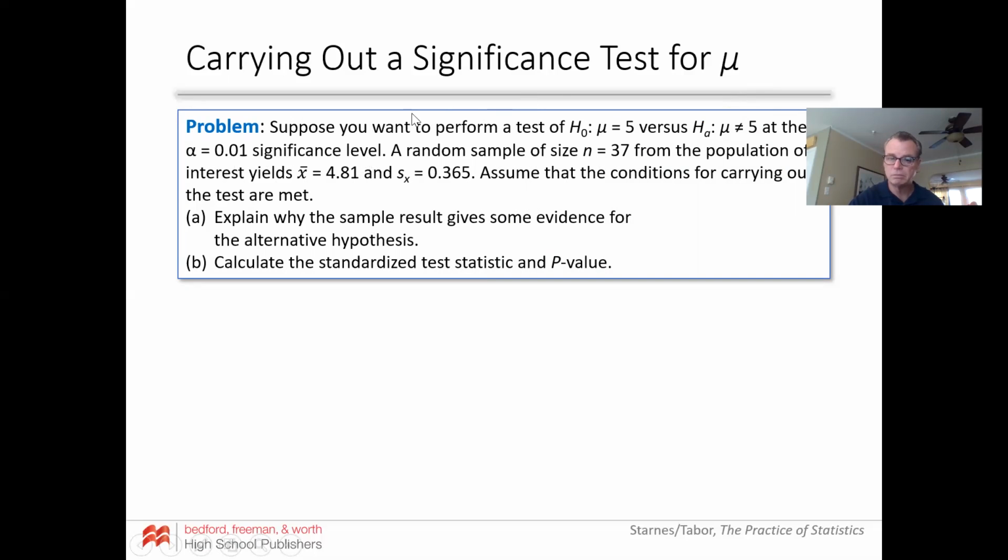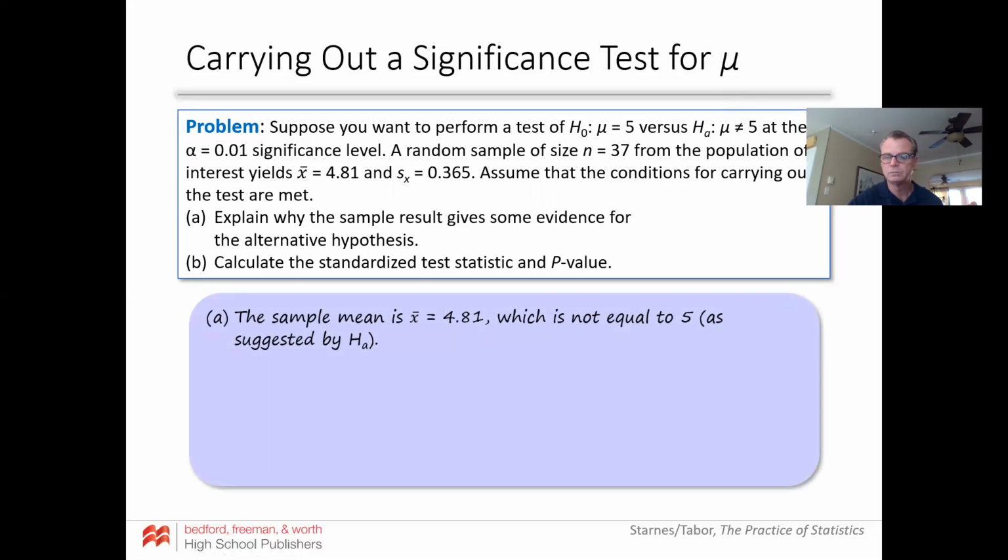So this is a comprehensive test for a mean. This is where you have to do all the parts of the template. This is an inference question. Okay, this whole thing. There's data in here to do an inference question.